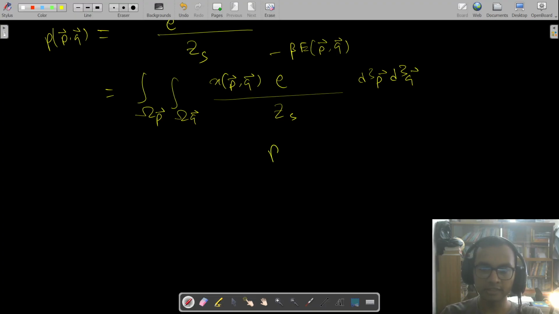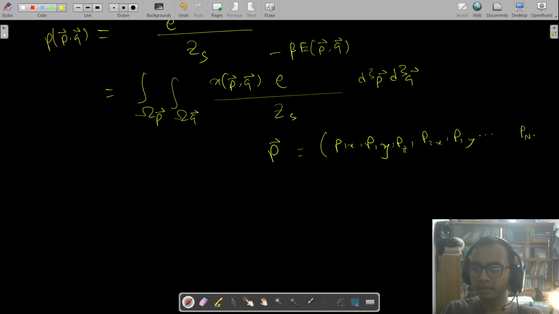Please note one thing, that this p is basically p1x, p1y, p1z, and also p2x, p2y, and it goes on to pnx, pny, pnz. Same for q. I mean, there should also be the one for the lid, right? Similarly for this thing.